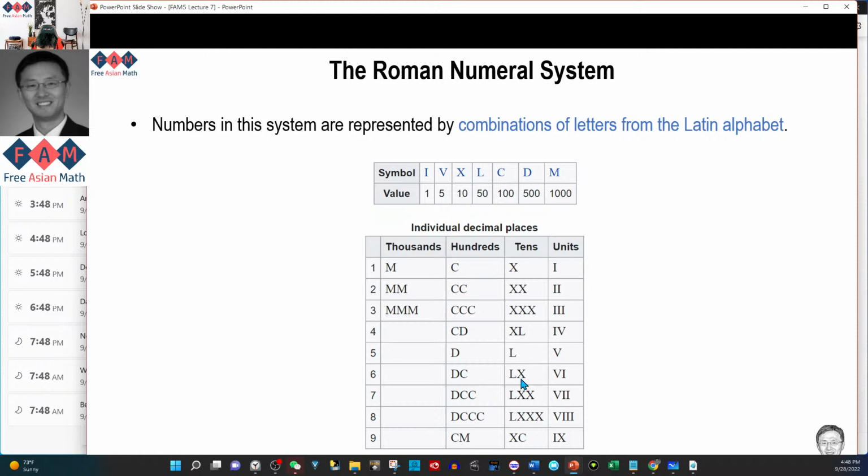And then you use the same idea, you put 10 on the right of 50 to get 60, 70, 80. Once again, for 90, you put a 10 to the left of the next big number, which is 100 here, which is C. So they put 10, which is X, to the left of C, which is 100, to get 90.